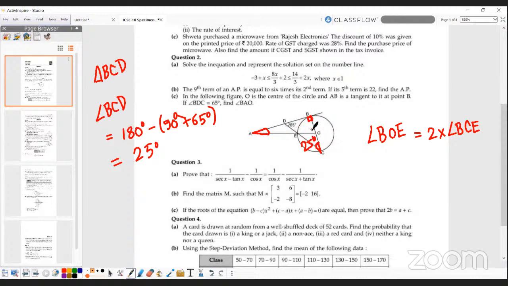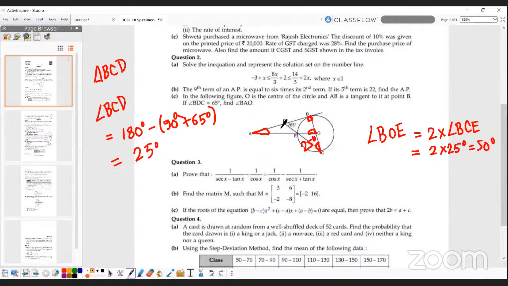For getting BAO, I need this BOE. For this we require that. The sum of angles of a triangle being 180 is applicable for this BCD. So BOE will be 2 into 25. You will get 50.